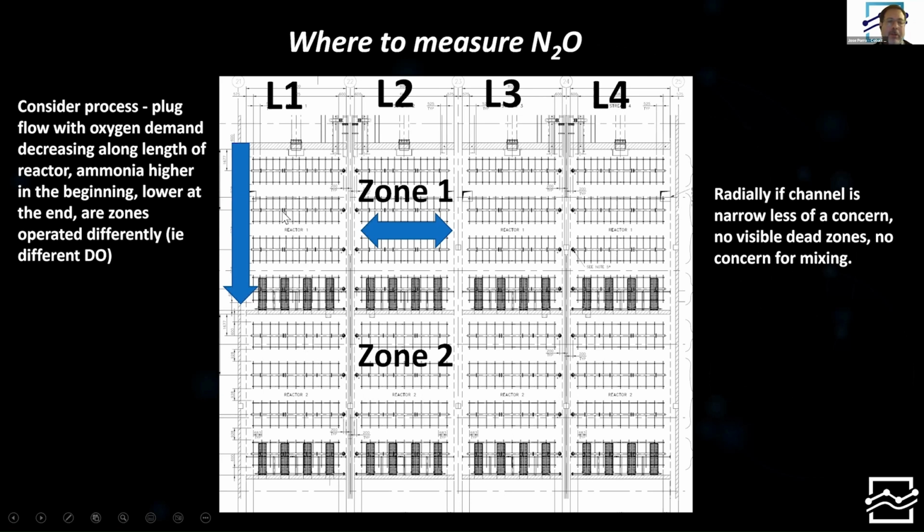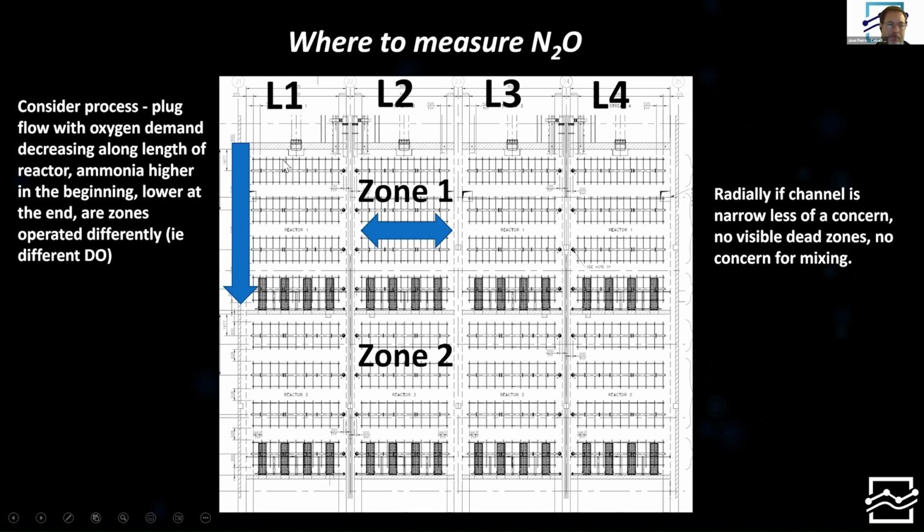So you can't measure here and assume that what you're measuring here is the case for the whole entire lane. So you need to be thinking about how you can break up the lane into areas where you measure, to then be able to assume that the emissions measured are the case in the different parts.